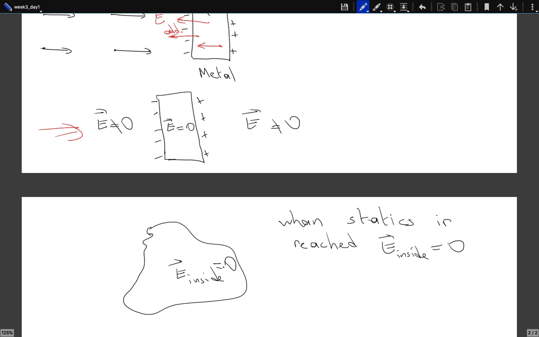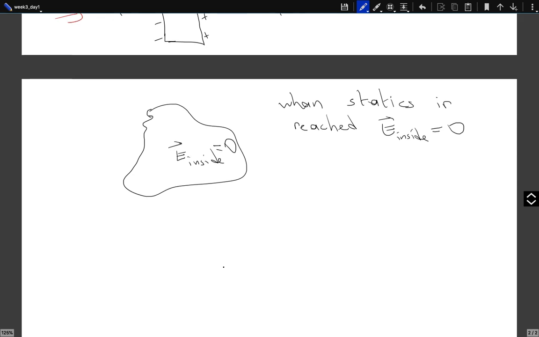Now, let's look at what happens on the surface, though. Let's imagine that this is our conductor. At this point, we already know that inside the conductor, the electric field should be 0. We didn't say anything about what happens to the electric field outside.